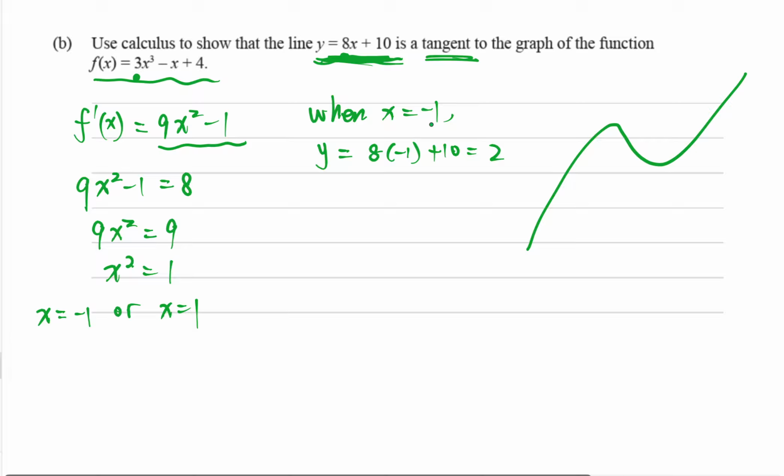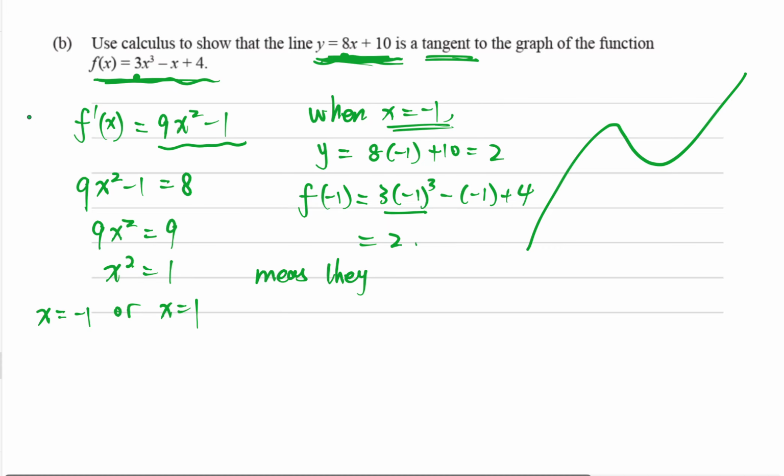Then I substitute this x value into the original function f(x): f of negative 1 equals 3 times negative 1 cubed minus negative 1 plus 4, which gives me negative 3, plus 1, plus 4, equals 2. They are the same, which means they go through the same point.